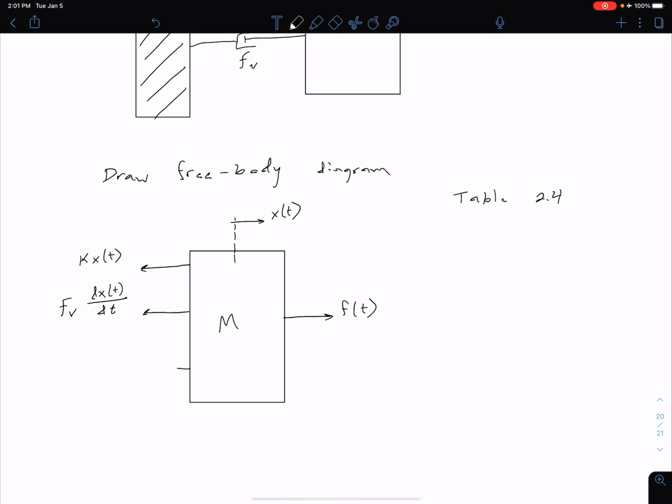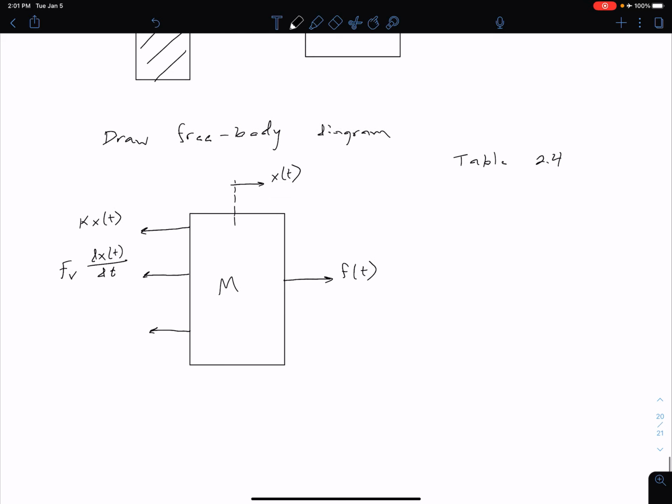And then finally, the force from the mass itself, since the mass is not going to want to move if it's initially not in motion, is m times the second derivative, or the acceleration, of x of t, so d²x/dt². Okay, so those are all of the forces acting on our mass.